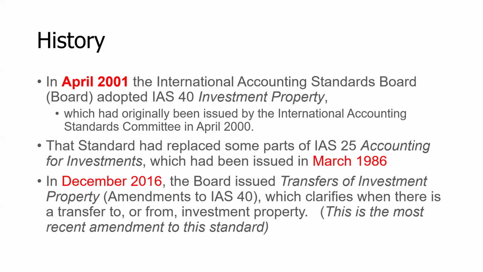This standard replaced some parts of IAS 25, Accounting for Investments, which had been issued way back in 1986, with the exposure draft in 1984. IAS 40 came to replace it. It has gone through several amendments, but the latest one was in December 2016.